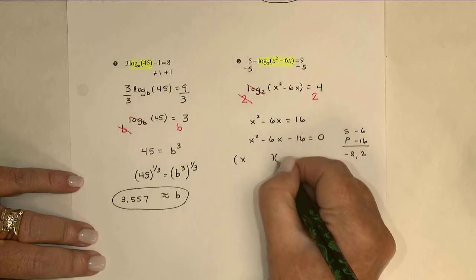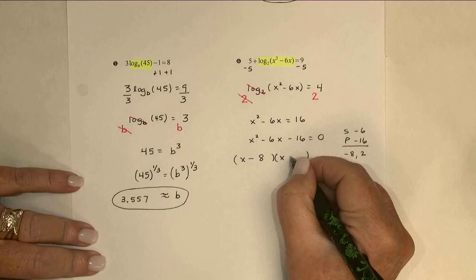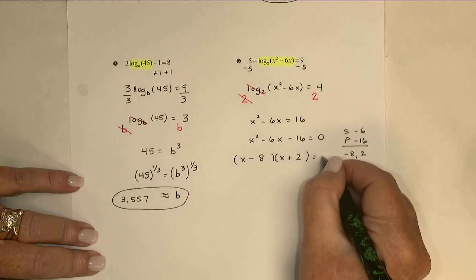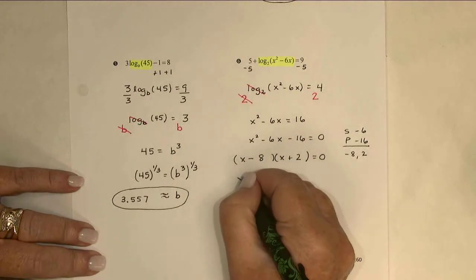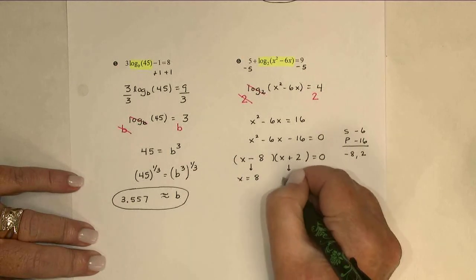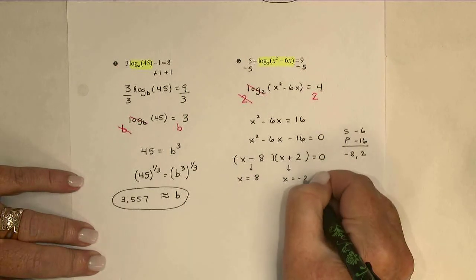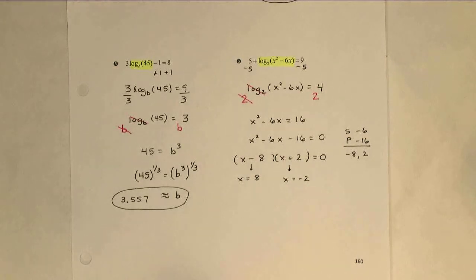So x squared minus 6x minus 16 factors as x minus 8 times x plus 2. That's going to give me x equals 8. And that one's going to give me x equals negative 2. Again, I want to make sure that in both cases I'm not trying to take the log of a negative number.